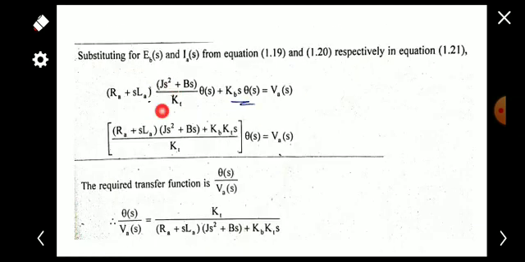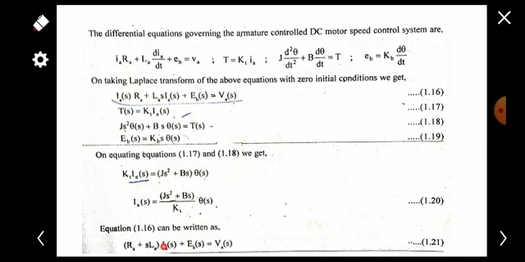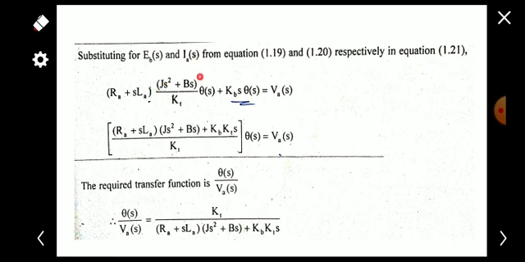So this is the substitution part. We have substituted Ia here, that is Ra plus sLa into the Ia expression, and instead of Eb we have substituted Kb into s into theta(s), equal to Va(s). And by rearranging that, and taking theta(s) outside, we obtain an equation like that.